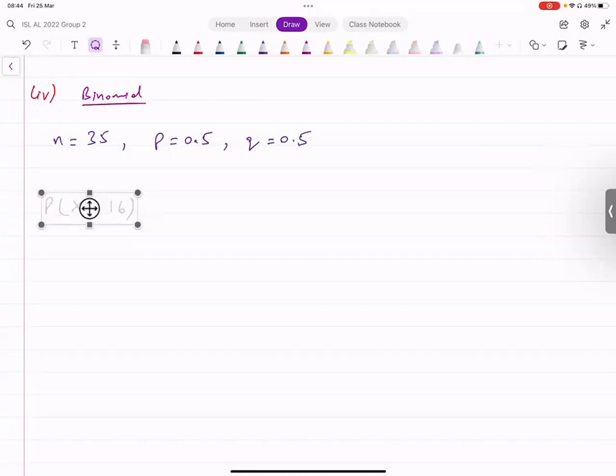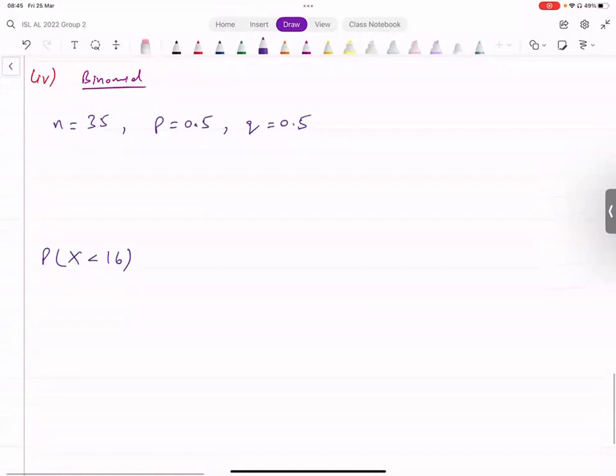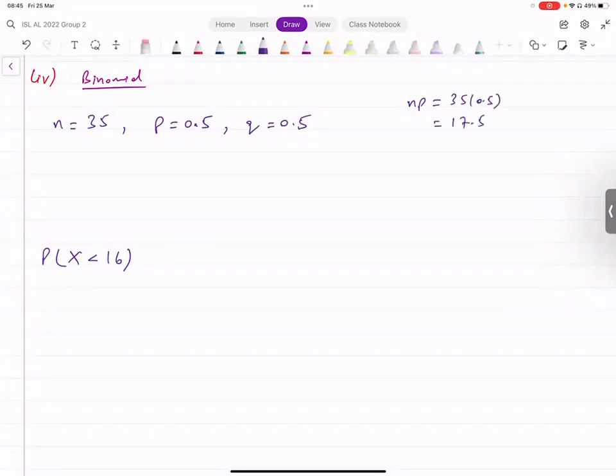Quickly check कर लें. np greater than 5 और nq greater than 5 दोनों conditions meet हो रही हैं. अगर उसने खुद से कहा होता फिर तो चेक करने की जरूरत नहीं थी. उसने यहाँ पे खुद नहीं कहा हुआ था, आप बस चेक कर लें कि अच्छा are the conditions met. np क्या आता है? That is 35 into 0.5, that is 17.5, and that is greater than 5. So that's fine. उसमें कोई मसला नहीं है.